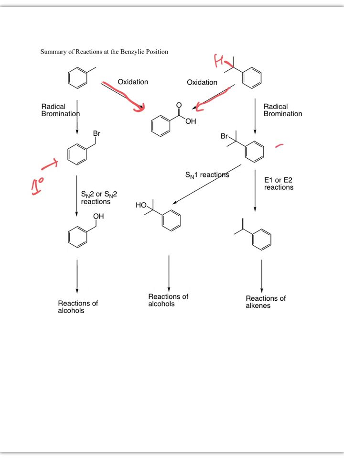From the tertiary bromide here, we can do either an E1 or an E2 depending on the reagents, the conditions we use, or we can do an SN1 to form an alcohol. And then from there we can react with alcohols as we learned in the last chapter, or we can react with alkenes as we learned way back in Org 1.